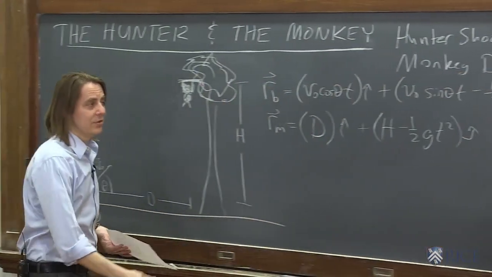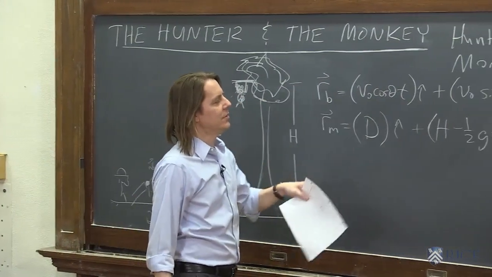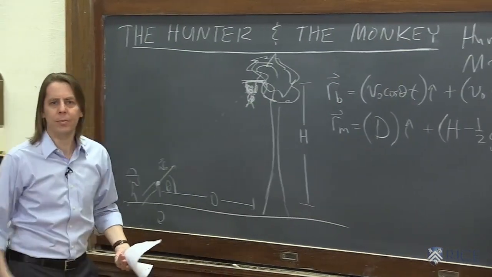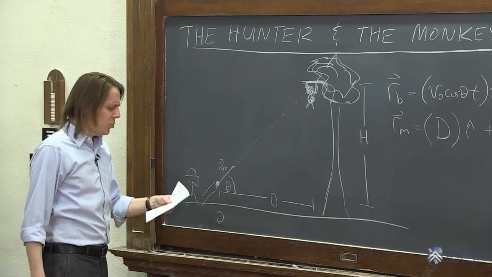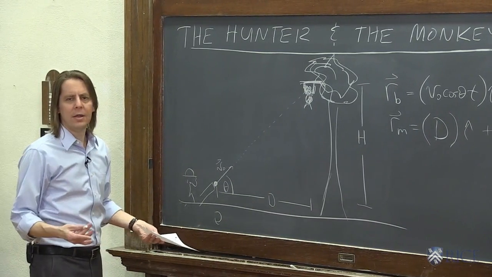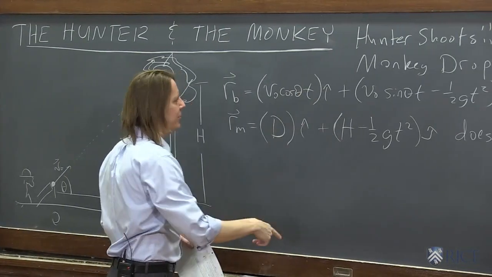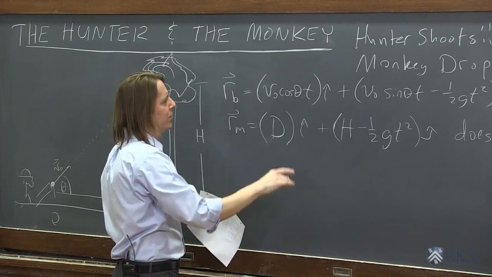If they hit, they have to be in the same place at the same time. So in a way, we really just have to equate these two and say, is there a time where that is true? Okay, so let's do it first by just equating x and equating y and see if there's any time where the x components will be the same and the y components will be the same, just to avoid all the vector notation.